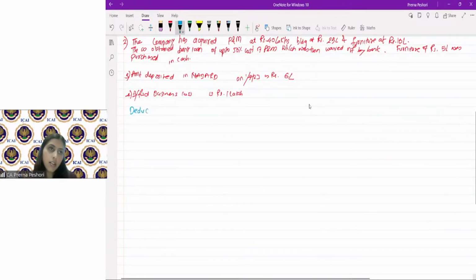Deduction under section 35D. Now, this is a company. For the company, the deduction allowed under section 35D is 1/5 of the expenditure. But how is that particular expenditure calculated in case of the preliminary expense?